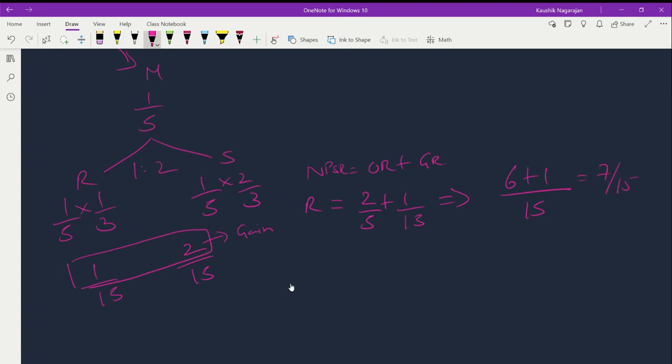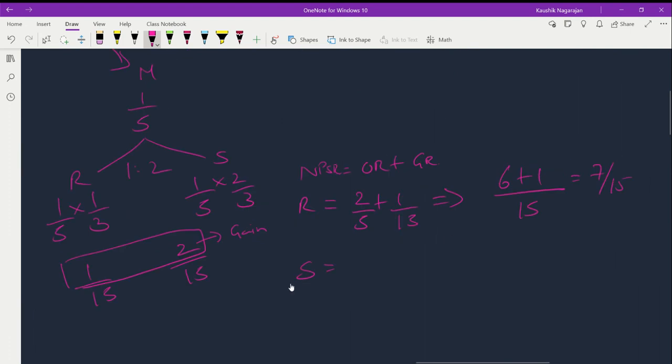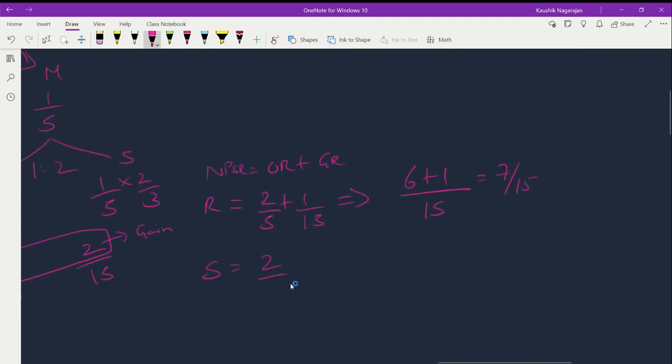Similarly, you need to calculate for S. For S, the old ratio is 2 by 5 once again. So 2 by 5 plus 2 by 15. So this gives me 15 as my LCM, but 5 into 3 and 2 into 3, 6, plus 15 into 1 and 2 into 1, 2.